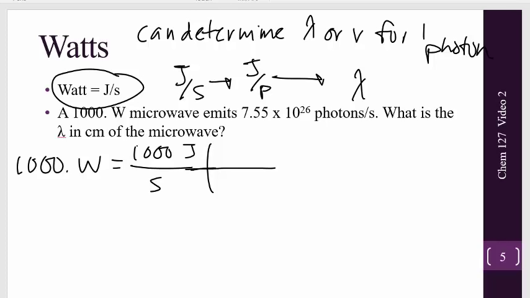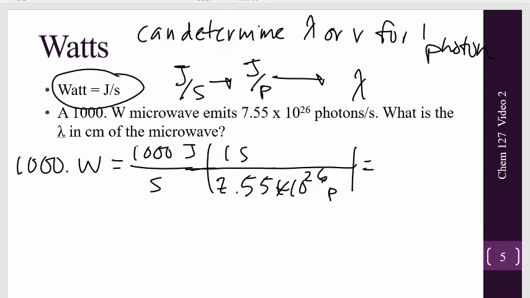We know that in 1 second it will emit 7.55 times 10 to the 26th photons. So then this works out to be 1.324, if I can read my handwriting correctly, times 10 to the negative 24th joules per photon. So this would be the energy of one single photon.